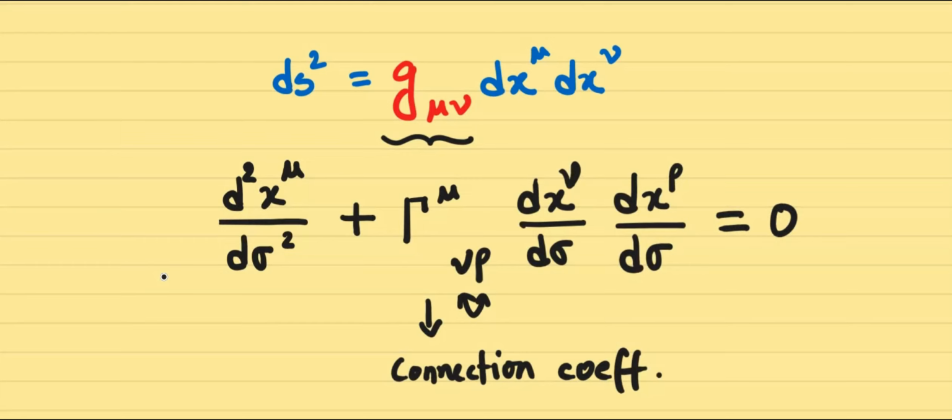So had sigma not been an affine parameter, we'd have a non-zero contribution on the right, and this is the advantage of using an affine parameter. So for example, in case of massive particles, the proper time is an affine parameter, and any other parameter would satisfy this equation provided that parameter sigma is affinely related to the proper time.